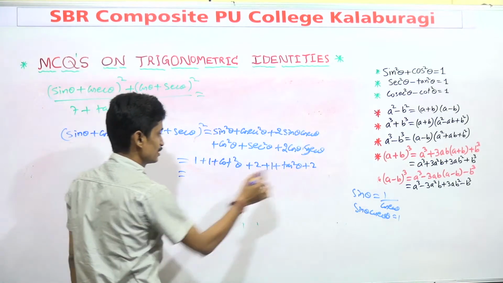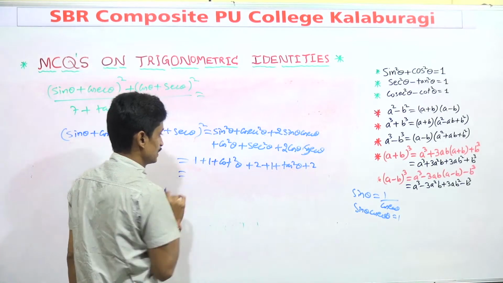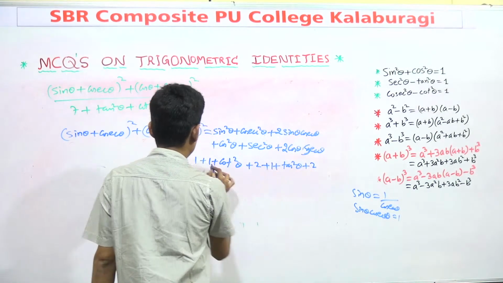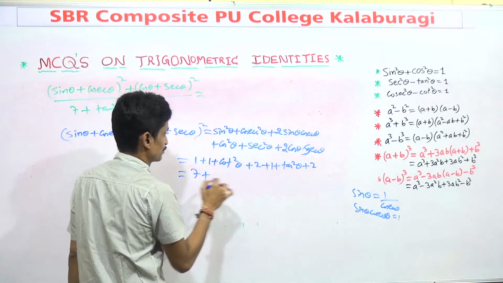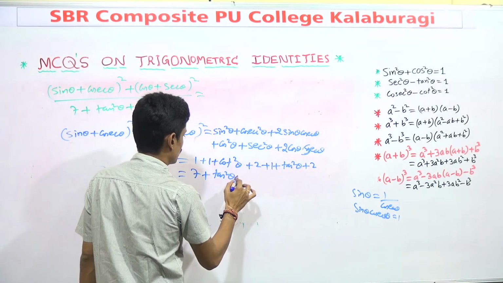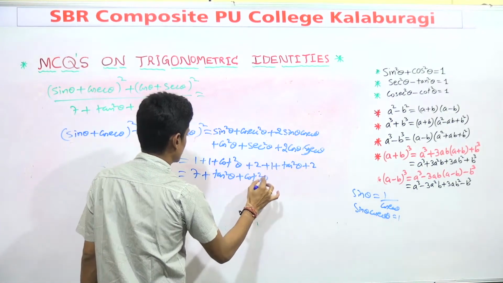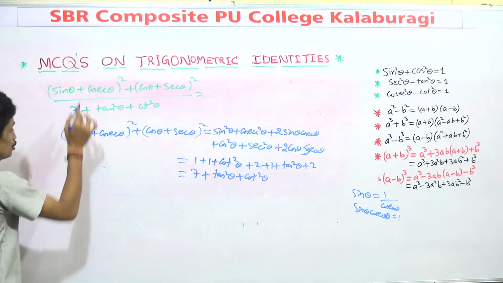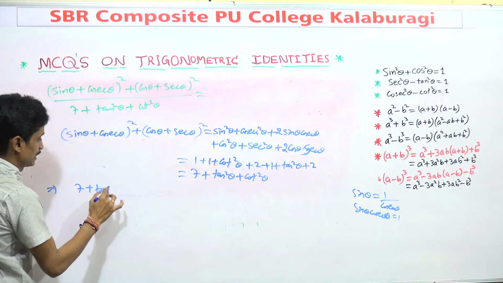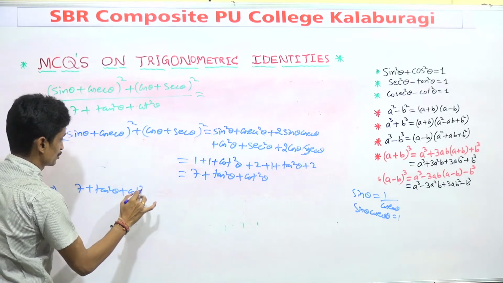Now adding this: 2 plus 2 is 4, 5, 6, 7. It is 7 plus tan square theta, and this side plus cot square theta. So the numerator part I get is 7 plus tan square theta plus cot square theta.